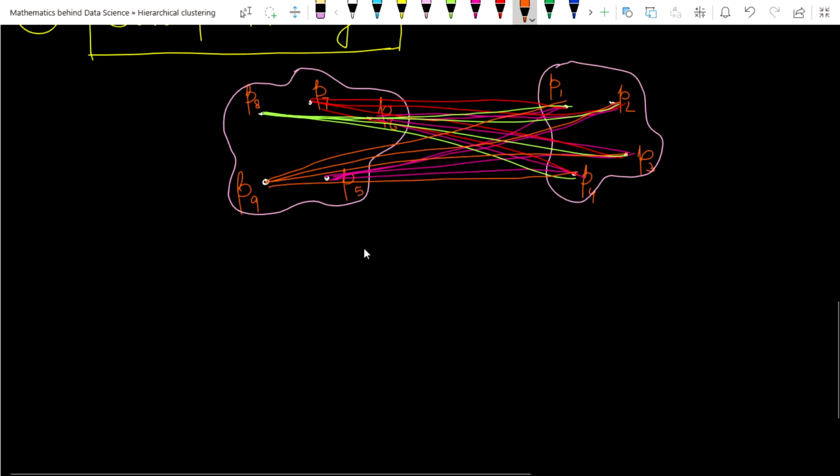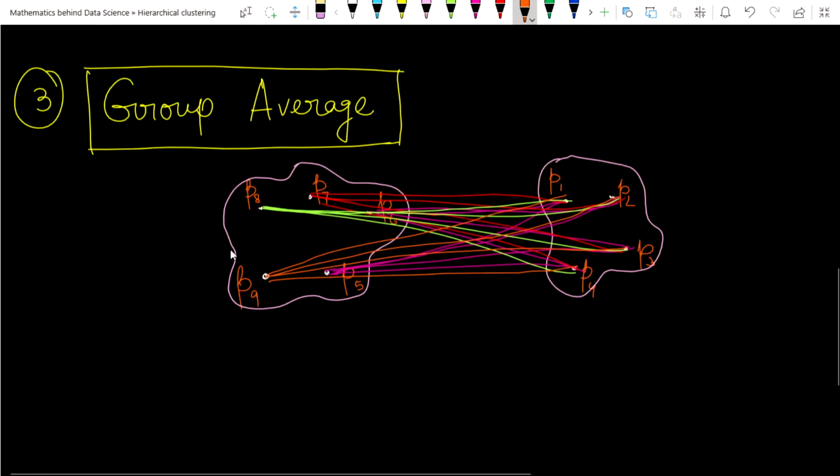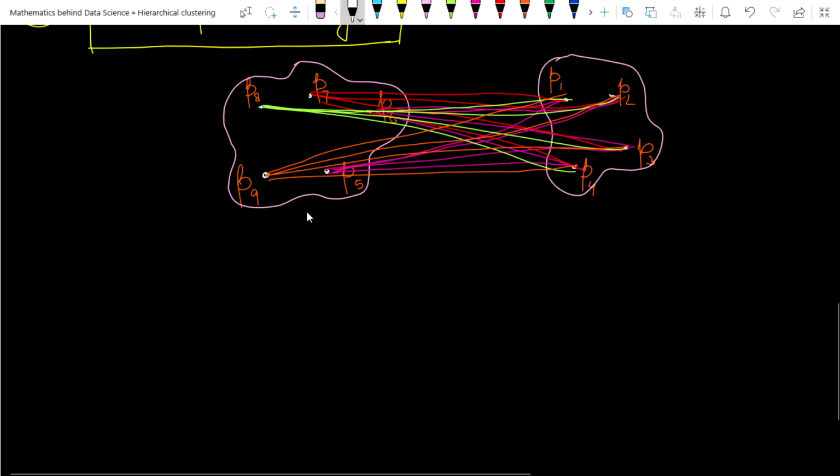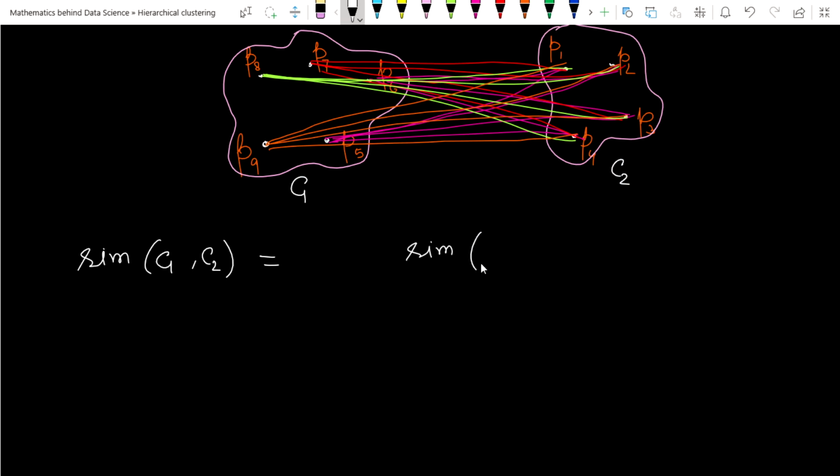After computing them, the average formula: the similarity between the two clusters, cluster C1 and cluster C2, is computed by first computing the similarity value between each pair of points Pi and Pj.